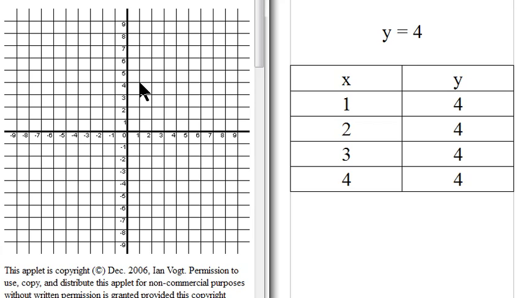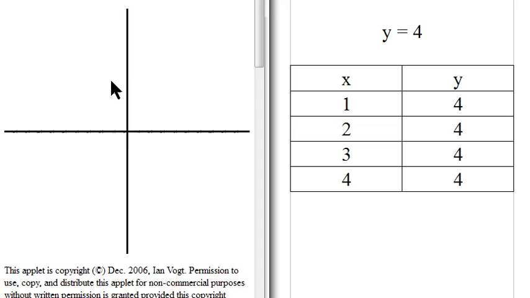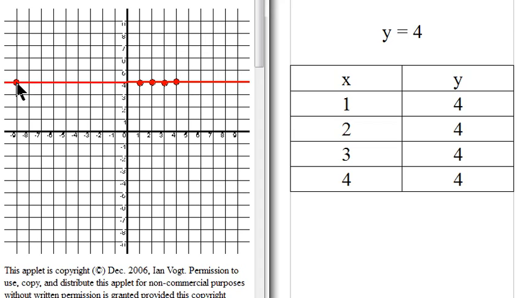Oh, sorry. Right there. 2, 4 is over 2, up 4 right there. That was beautiful. 3, 4 right there. 4, 4 right here. And so we see, oh, all these points line up in a horizontal line.